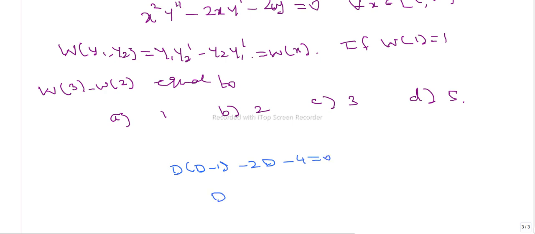Therefore D square minus D minus 2D minus 4, that is D square minus 3D minus 4 equal to 0. So what is the auxiliary equation? m square minus 3m minus 4 equal to 0. Therefore, what are the roots? The product of the roots is minus 4, the sum of the roots is 3. Therefore, what are the roots?